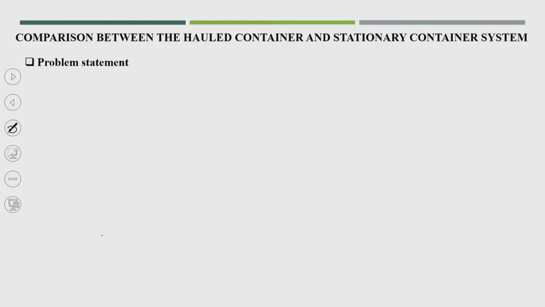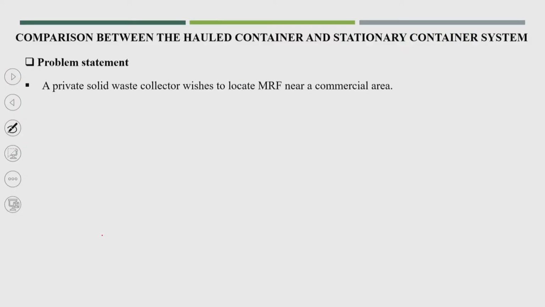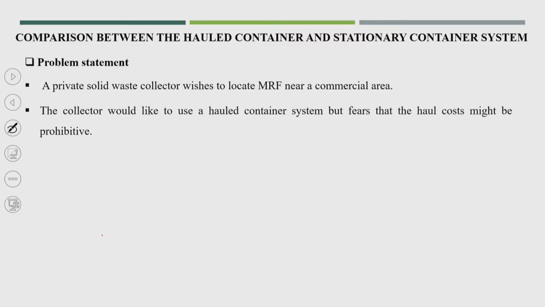So, we will directly go to the problem. The problem statement is: a private solid waste collection vehicle is located to an MRF, a material recovery facility or recycling facility, near a commercial area. One private waste collector would like to use the haul container system, but fears that the haul cost might be prohibitive.